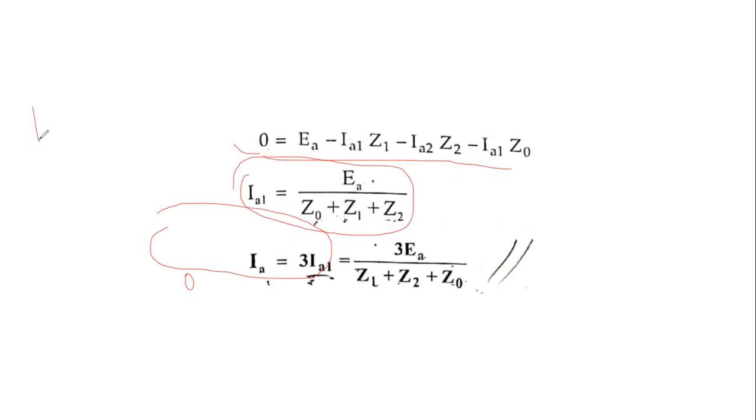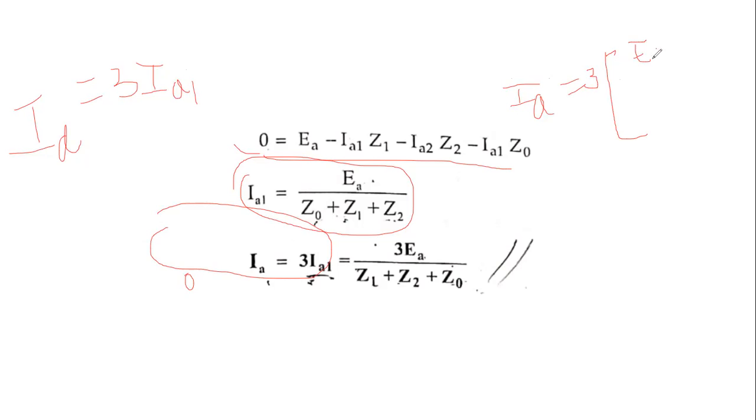Okay, what is the current across the A phase? That is IA, the fault current formula: IA is equal to 3 into IA1. Okay, what is the formula for IA1?